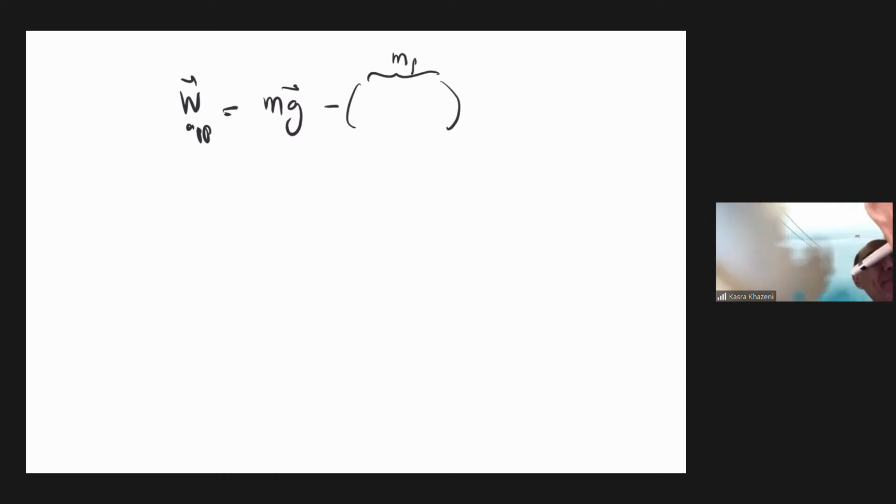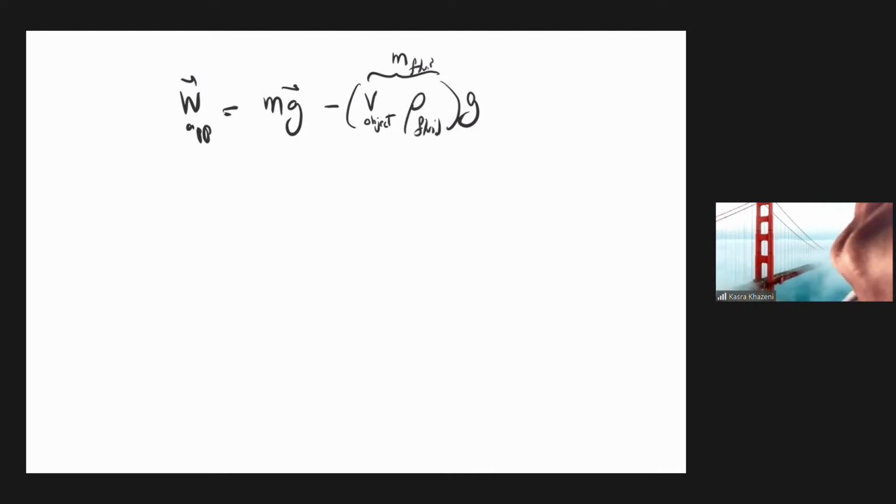So this is mg, and this is mass of the fluid times g. Now, of course, mass of the fluid would be volume of the object times density of the fluid. Okay?